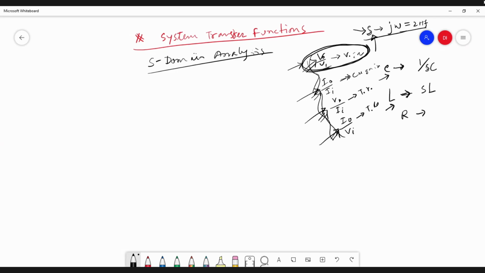Usually the transfer function is denoted by T in bracket S. T represents the transfer function in S domain by small s.